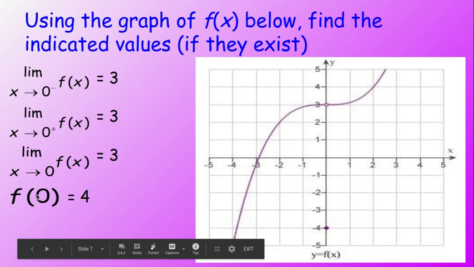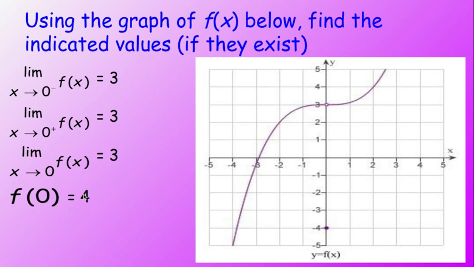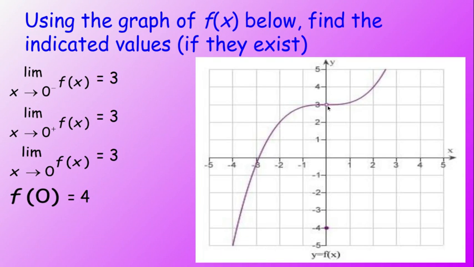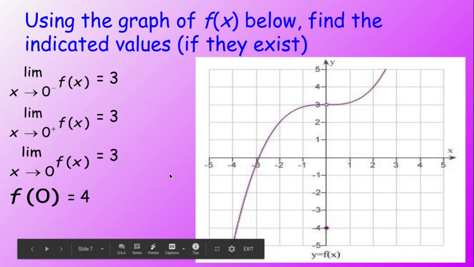So f of 0 is -4. Which again, when these two values aren't equal, that implies that the function's not continuous. All right, so the function's not continuous at x equals 0, but the limit still exists. That's what limits are used for, to evaluate a function at x where it's not actually continuous.